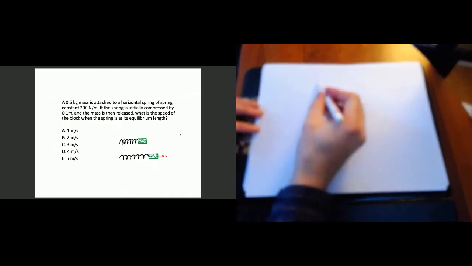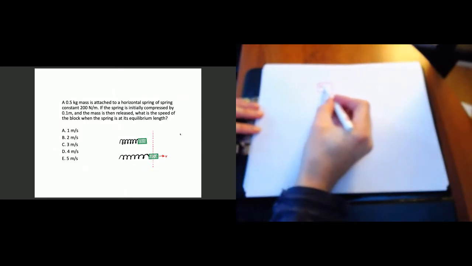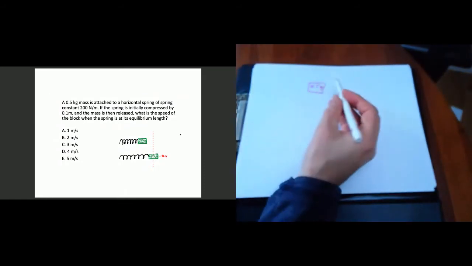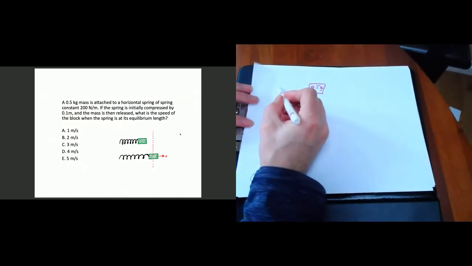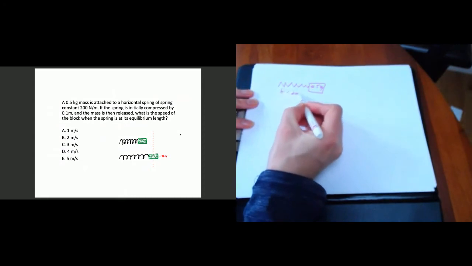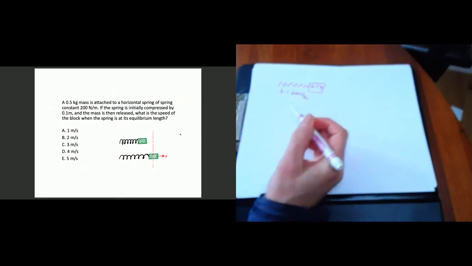Okay, so let's have a look at this question. What it tells us is that we have a 0.5 kilogram mass, and it's attached to a spring. The spring constant is 200 newtons per meter.